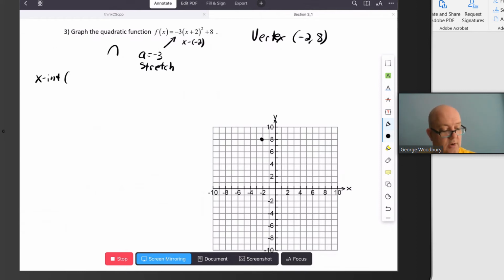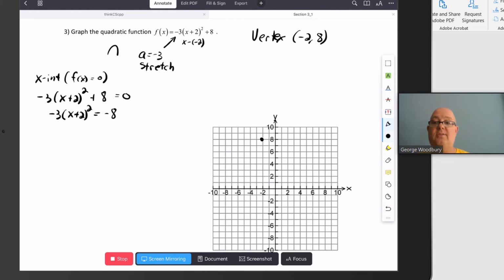X-intercepts, again, are where the function is equal to 0. We did that on the first problem here. So negative 3 times (x plus 2) raised to the second power plus 8 equals 0. We're going to subtract over the 8. Negative 3 times (x plus 2) squared equals negative 8.